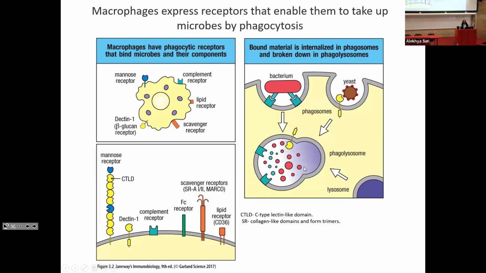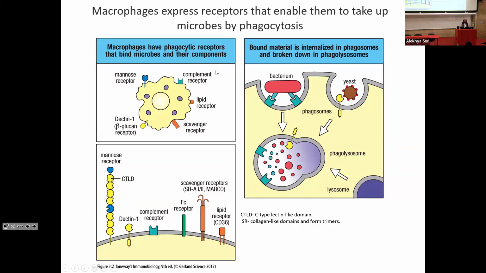The lysosome contains a lot of molecules that can kill or get rid of the pathogen. There are a lot of enzymes in there, and this fusion also leads to activation of nitric oxide and superoxide in this compartment, which are also antibacterial and can kill the pathogen.